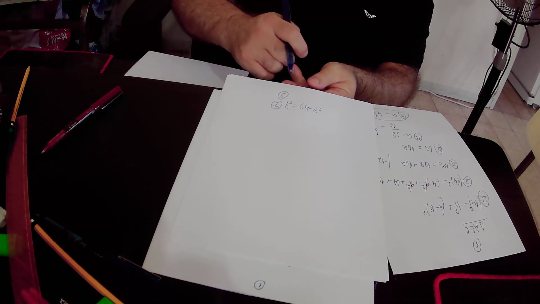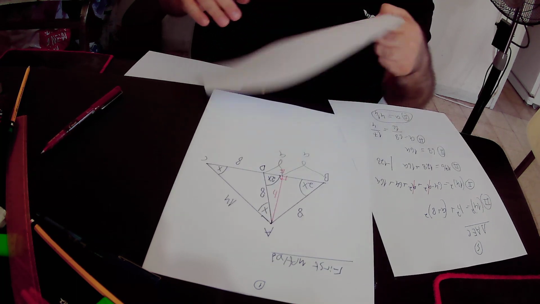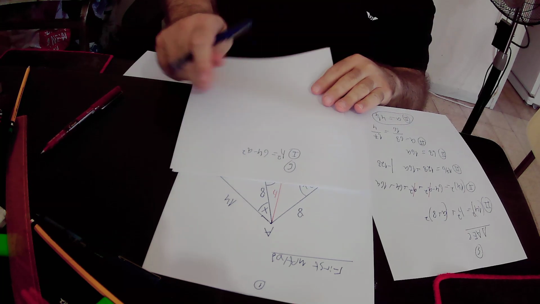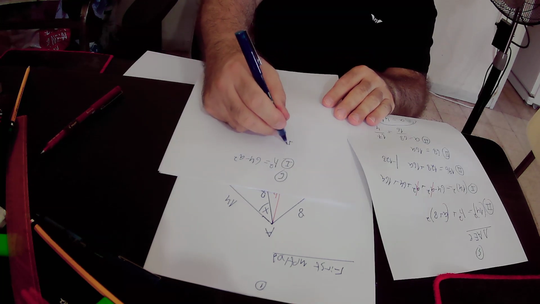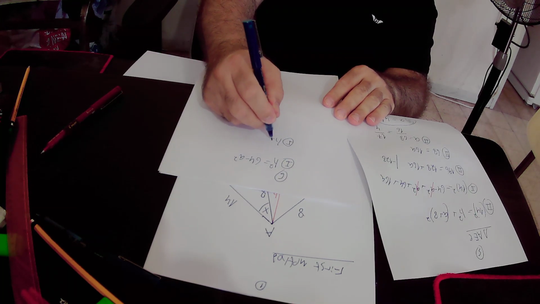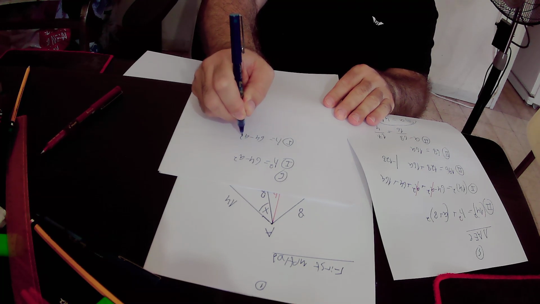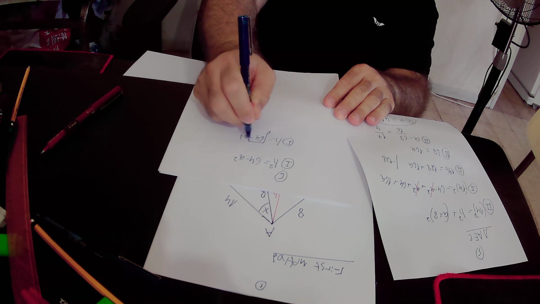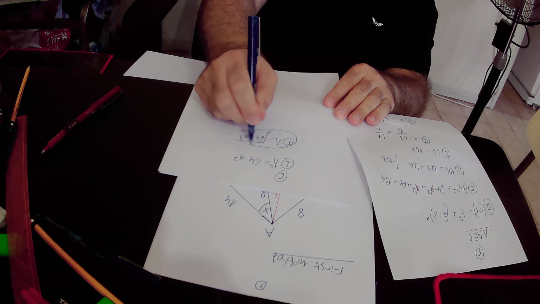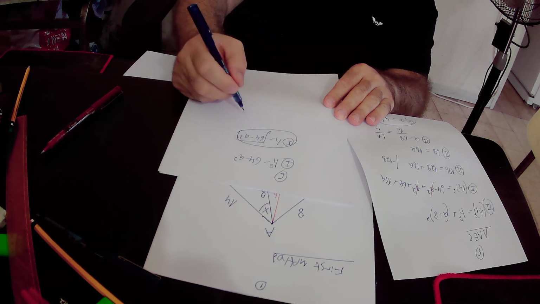Here we will take a root of this equality and we will get that h equals the root of 64 minus a squared.